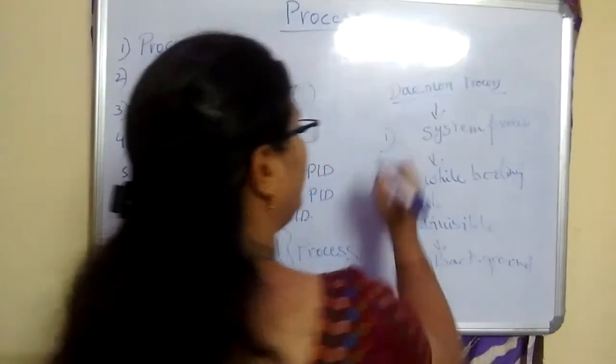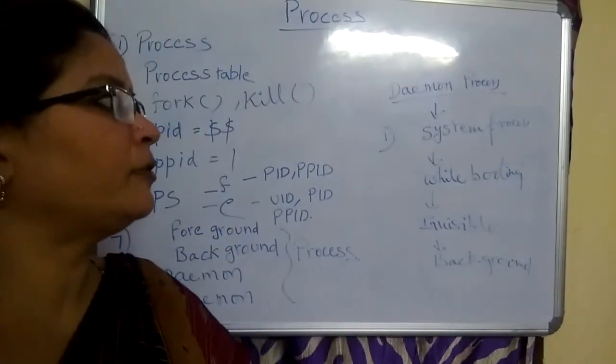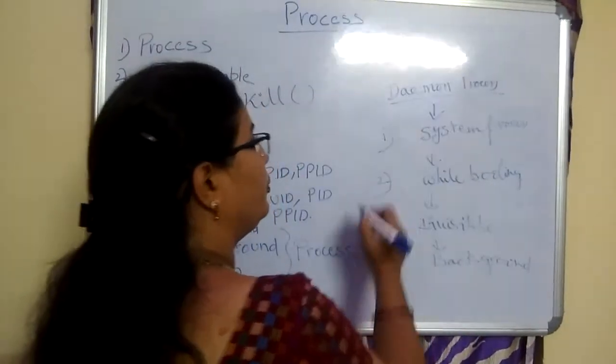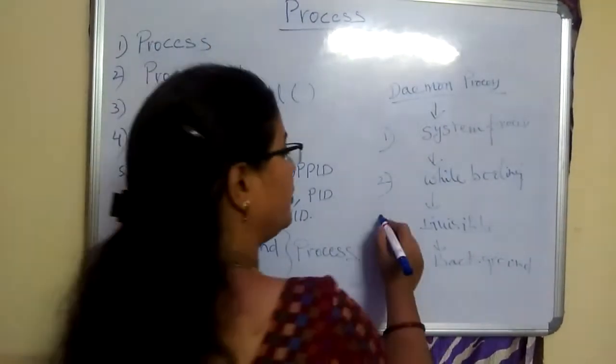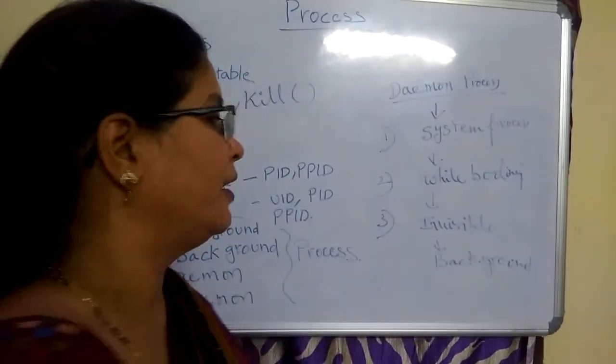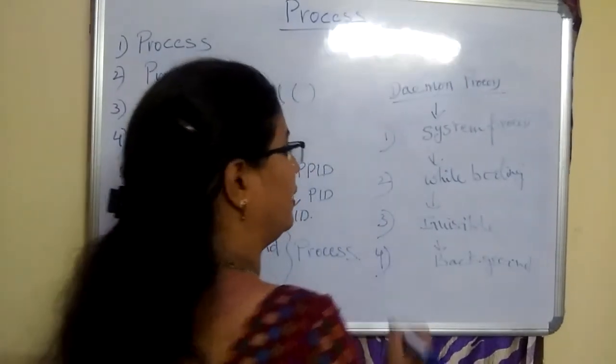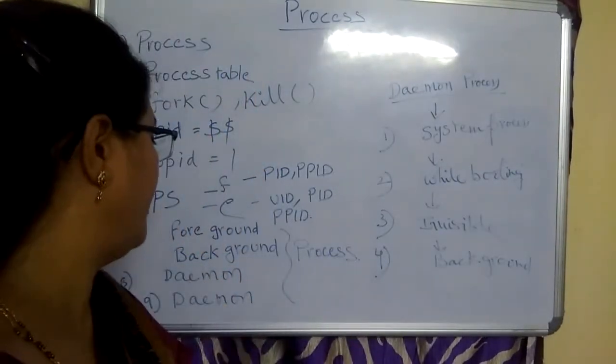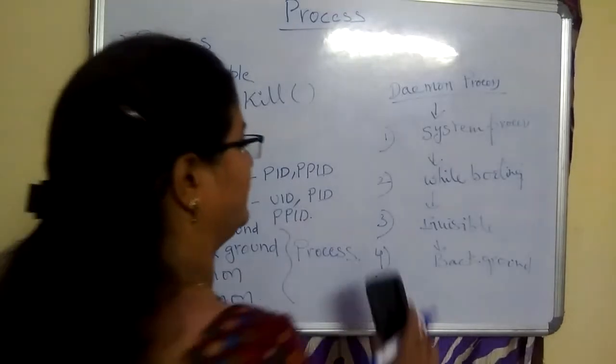So one thing we have to remember is daemon processes are system processes and they can be created by booting of the system, and the next one is invisible processes, and the next one is, these are called the background processes. This is the information regarding the daemon processes.